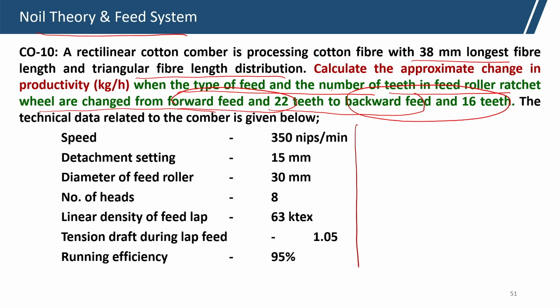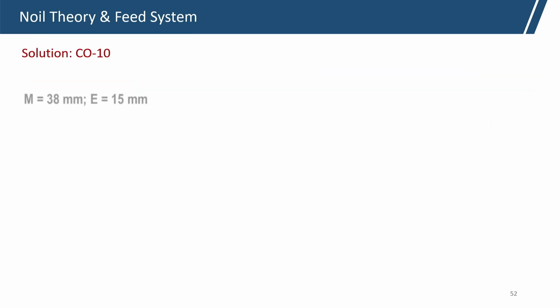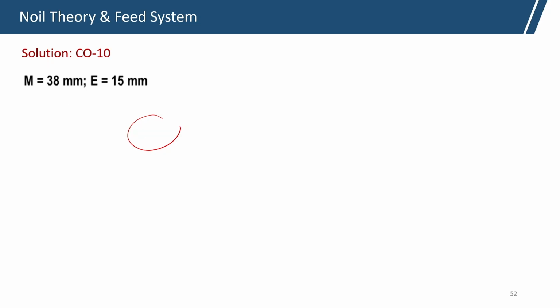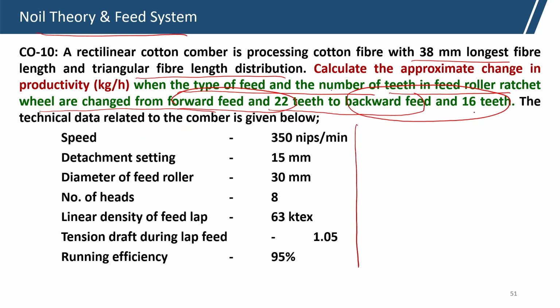the change in productivity. So, this is given here, number of teeth 22. So, we can calculate the detaching roller diameter, teeth and diameter is 16, detachment rating is 15 is given.